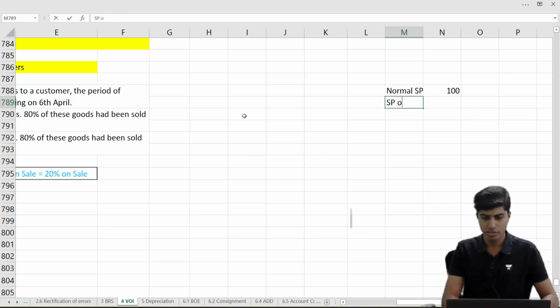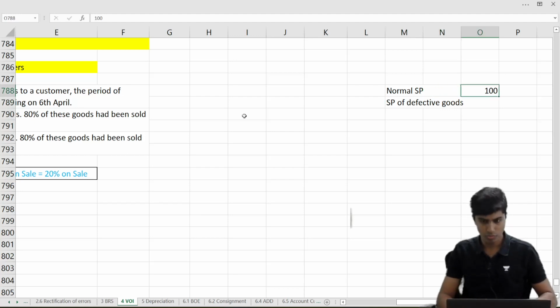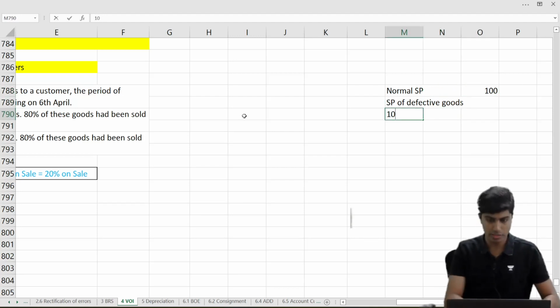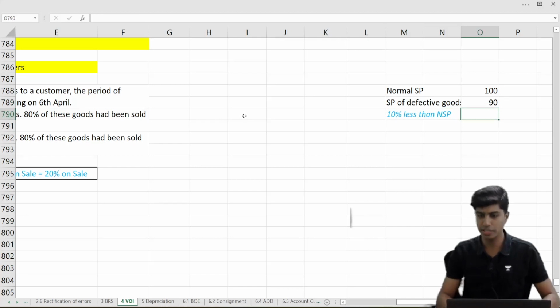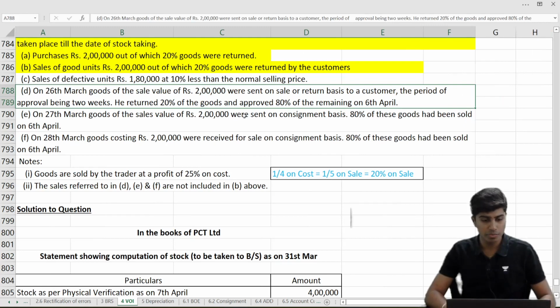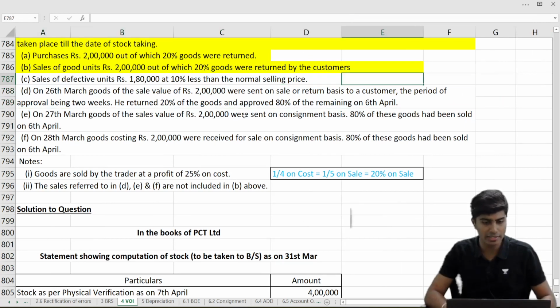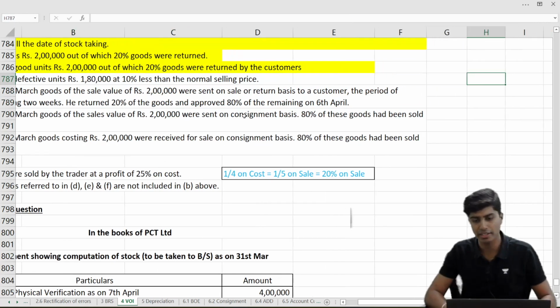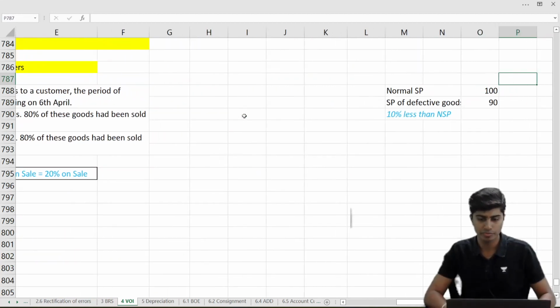Then selling price of defective goods is 10% lesser than the normal selling price. So can I say this is 90? And these defective goods have been sold for what rate? It has been sold for 1 lakh 80,000. Have a look here. It is sold for 1 lakh 80. So let me tell.